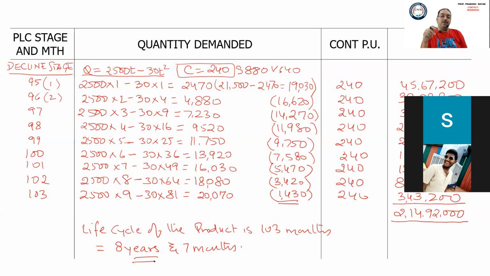Sir, is the total correct? Huh? Total? 1,69,24,800. Last one. Total is correct.